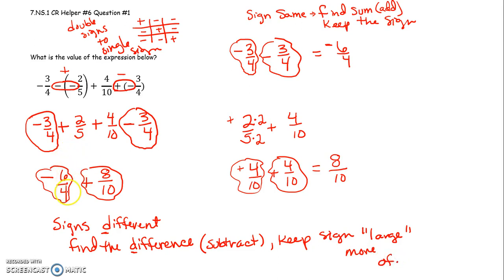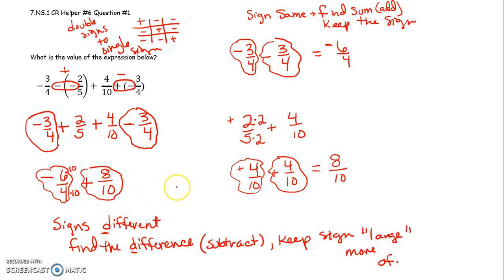What I'm going to do here is find a common denominator if I want to combine these. I would say my easiest common denominator would be a 40. Lots of options. I could have simplified these fractions earlier, but I'm just going to go ahead and find a common denominator of 40. So I'm going to multiply this one by 10, which means I have to multiply my numerator by 10.